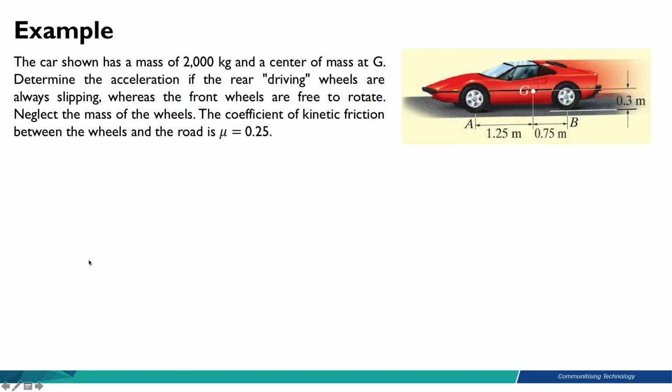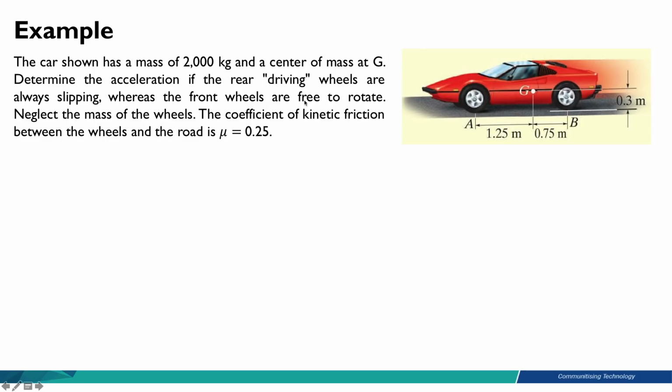Now let's take a look at an example here. So we have a car that has a mass of 2000 kg and a center of mass at point G. Determine the acceleration of the car if the rear driving wheels are always slipping. What this means is that the rear wheel here is influenced by the friction.